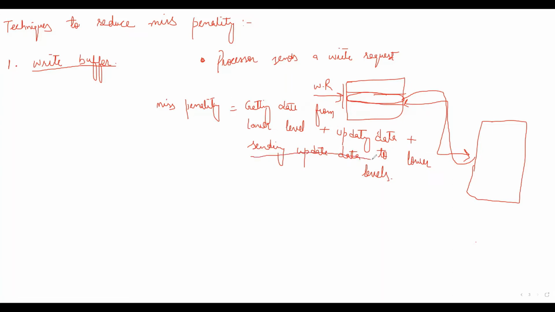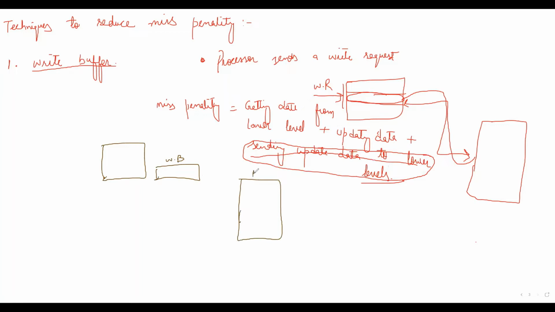However, we can simply omit this last part by using write buffers. So how? With every cache, so if this is a cache, we will have a small buffer called a write buffer. And this is our main memory. So how does it work? Let's suppose the processor sends a write request, and there was a miss. Because of the miss, it will go to main memory, get the block, and update the block.